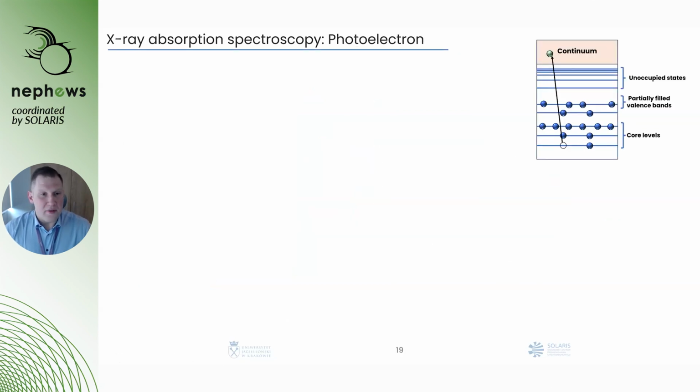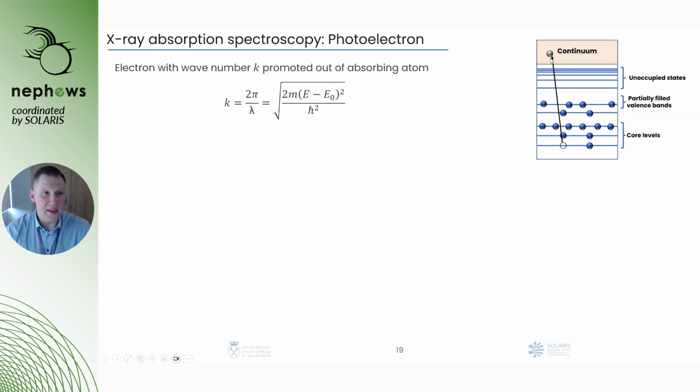Okay, but if we increase the energy of incident X-rays further, then we could excite our electron to the continuum. In this case, we could speak about the electron as a wave. And this wave will have a wave number, which could be calculated using this formula.